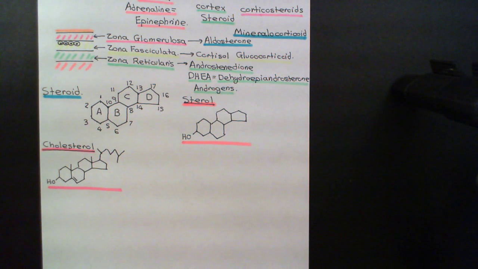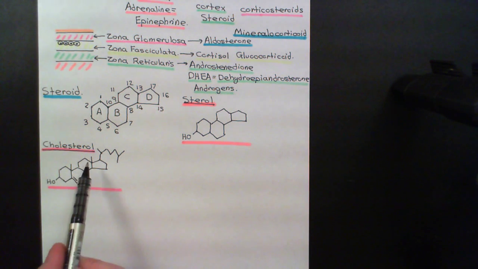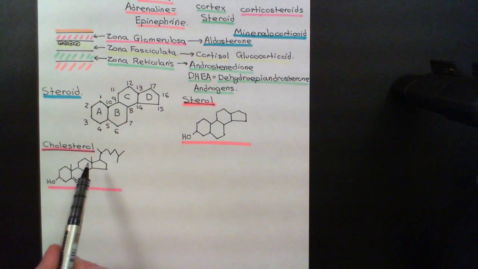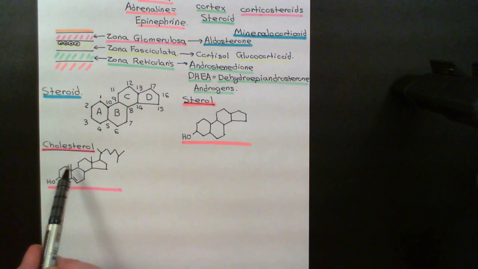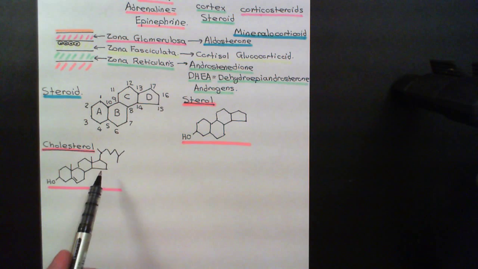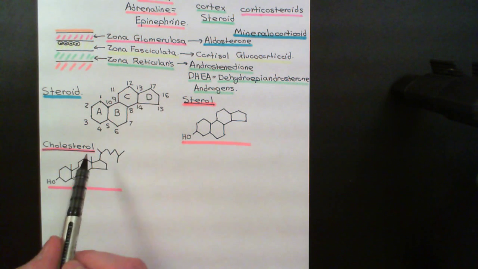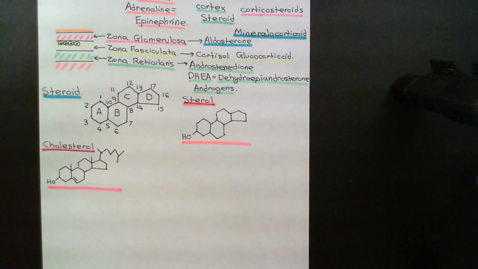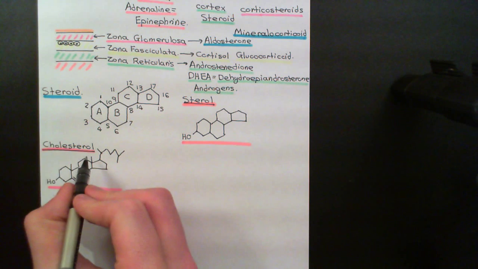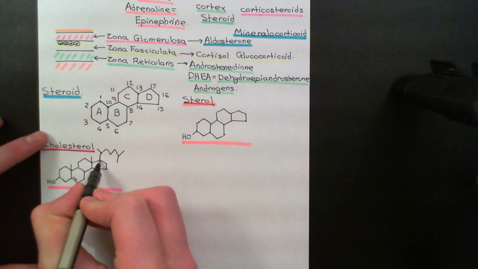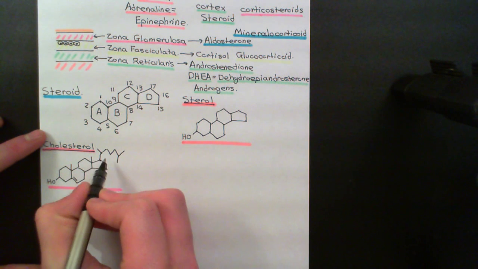Okay, so just before we move on, let me tell you about how the carbons in cholesterol are numbered. The ones that are in the steroid ring are numbered exactly the same as always, but we've added on more carbons, so how are they labelled? Well, you get to 17 here, and then you have to go up further.